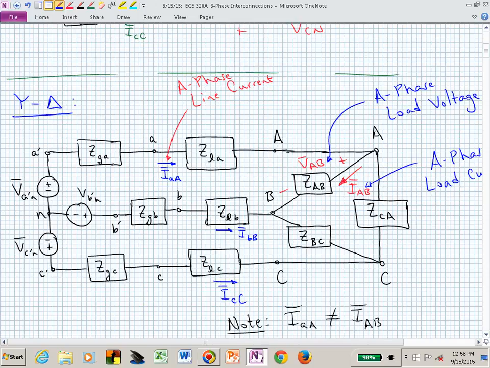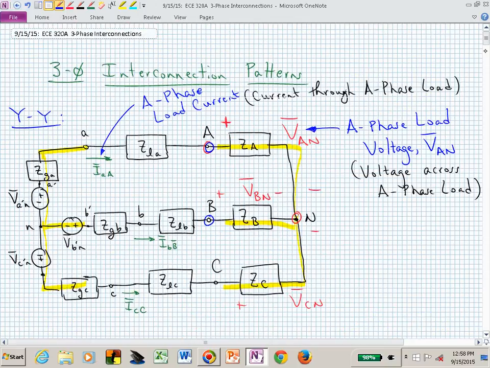Do you see now in the delta configuration, the line voltage is equivalent to the phase voltage? You just said it wasn't. Well, I said it wasn't back here, way back here in the Y.